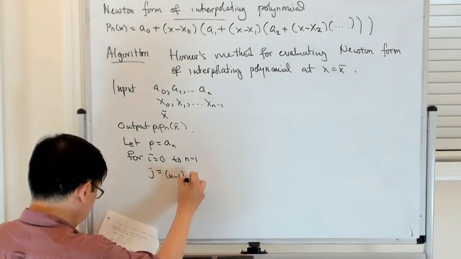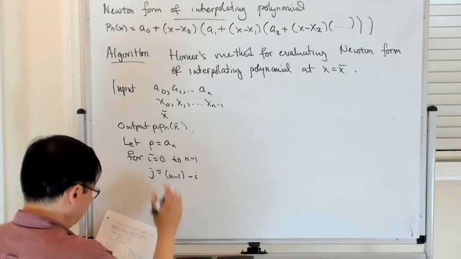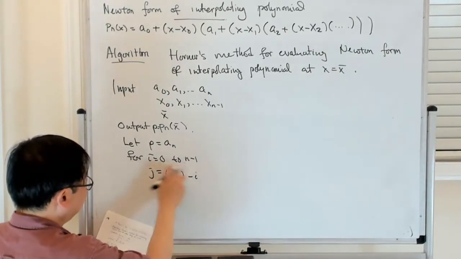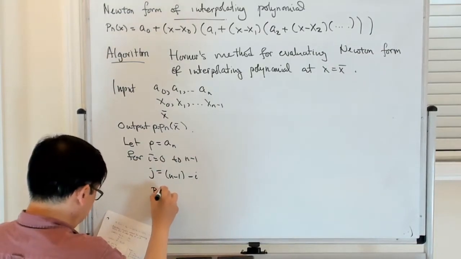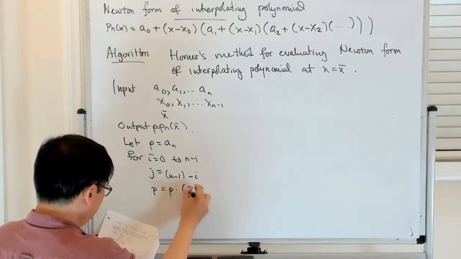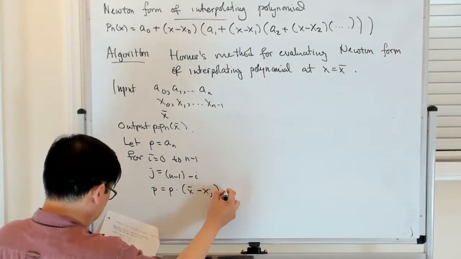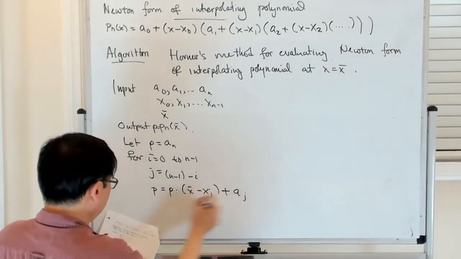So p is equal to p times (x bar minus xj) plus aj.